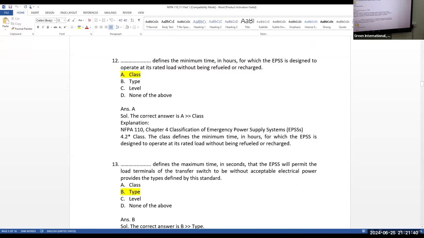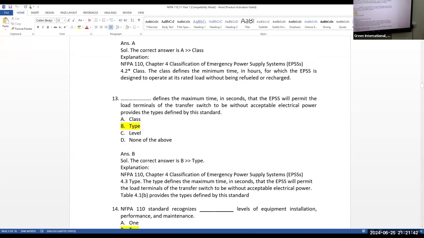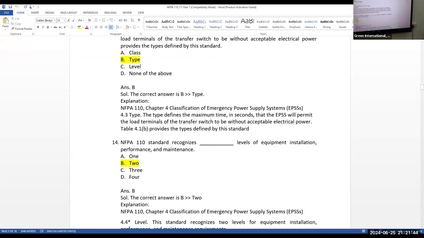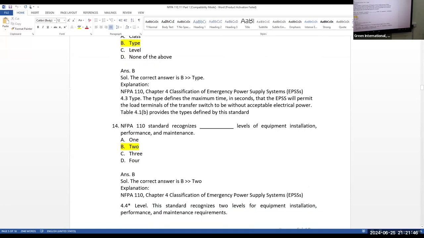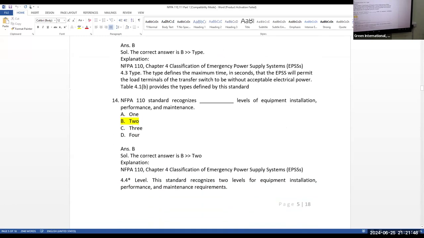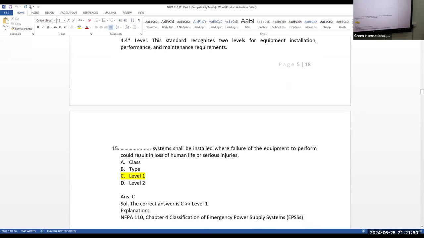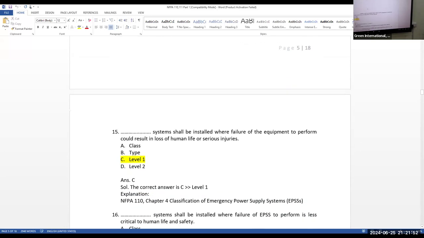So minimum time in hours, maximum time in seconds. There are two levels. The same in a different manner. Here we have a loss of human life, so that's why level 1.